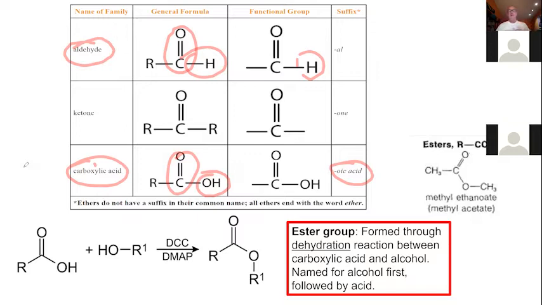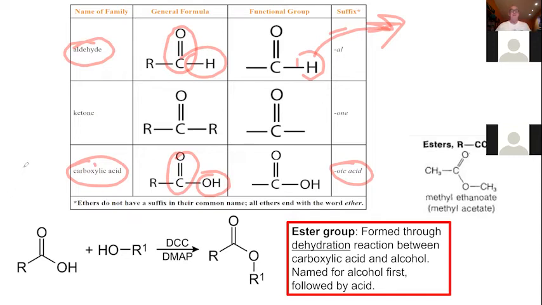And aldehydes are very reactive. They're super, super reactive because you have this very partial positive charge on the carbon, and you have a hydrogen there, which basically then leaves. And so it's really easy to pull that hydrogen off and then replace it with something else.